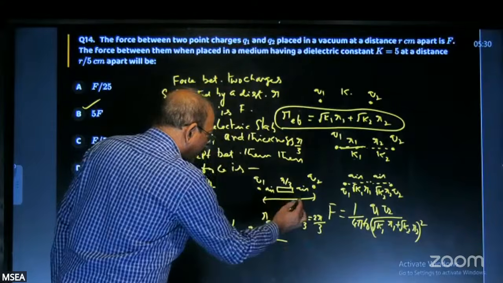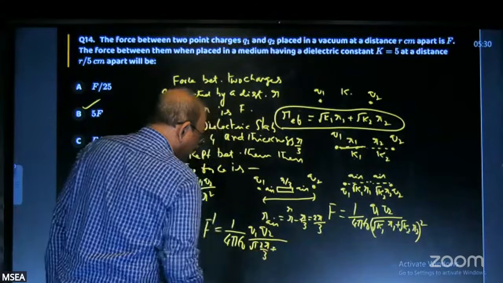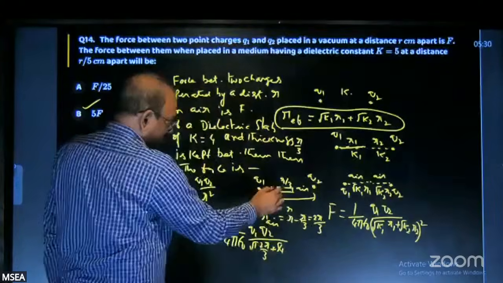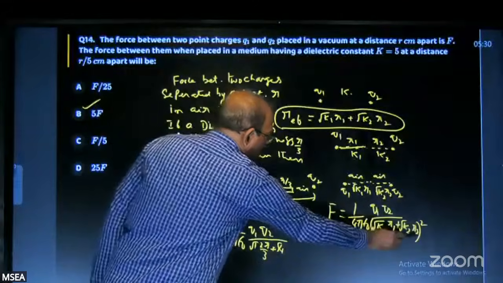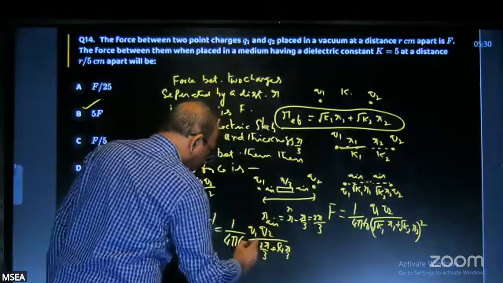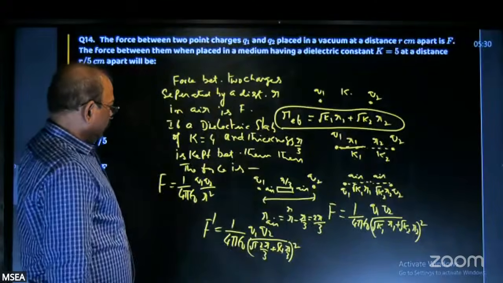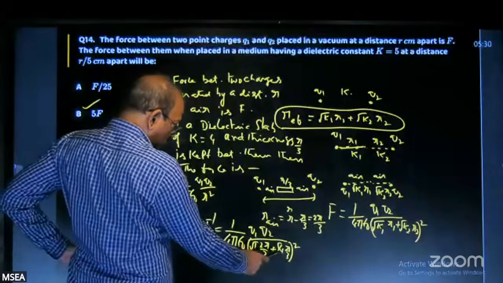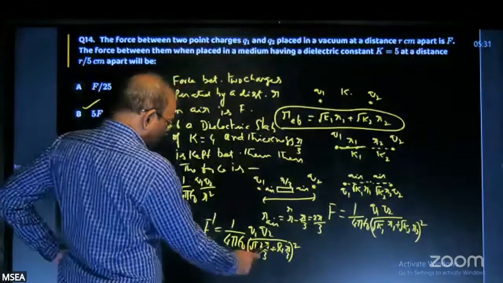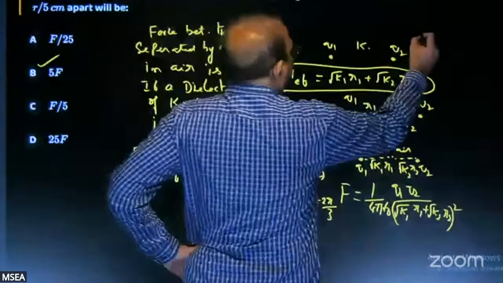R1, distance occupied by air, that is 2r by 3, plus root k2, root 4, that slab dielectric constant, and R2, distance occupied by this slab, r by 3. This is the effective distance, whole square. Then root 4 is 2. This is 2r by 3 plus 2r by 3, which means 4r by 3.